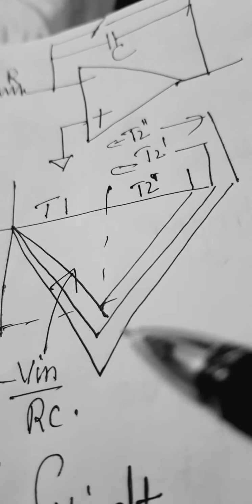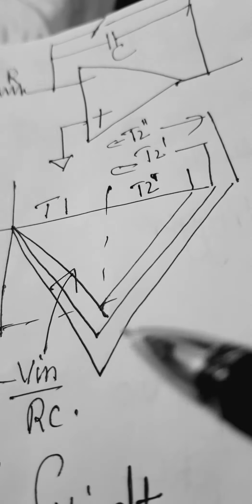Why is it constant? This V reference is constant, and R and C are constant for any input signal. If you are putting 5 also, we are using the same V reference. If you are using 10, you are using the same V reference. So the slope is constant. For example, we will call this a depth.